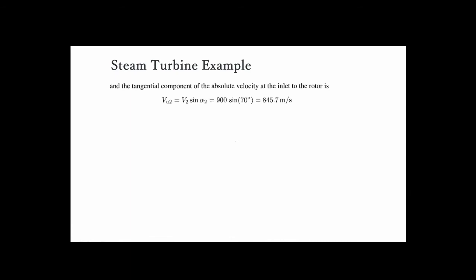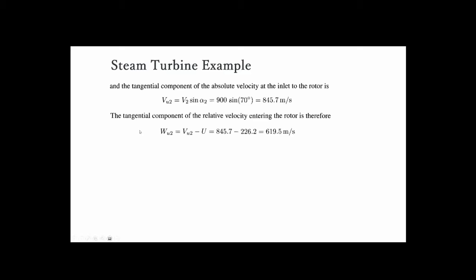And the tangential component of the absolute velocity at the inlet of the rotor is Vu2 equals V2 sine alpha 2. We will get 845.7 meter per second.